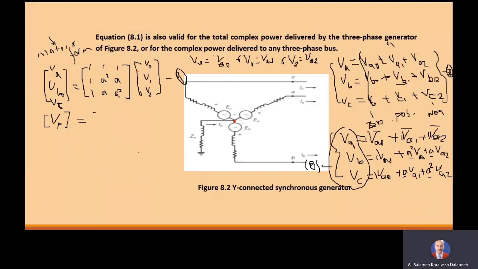This matrix is termed A, and this vector is termed VS. So equation number 10 is written in a compact matrix form.